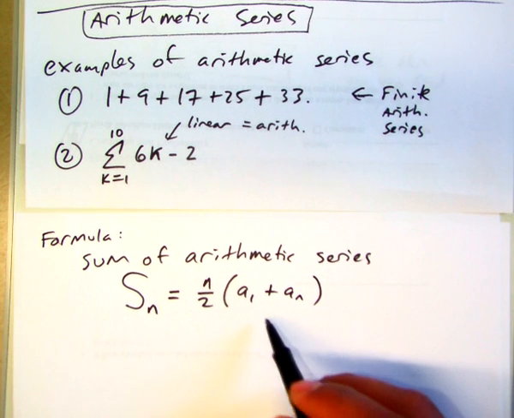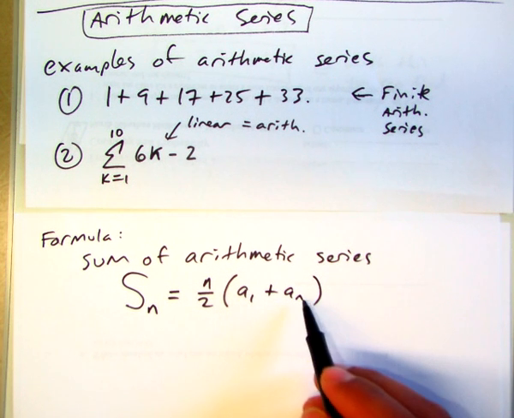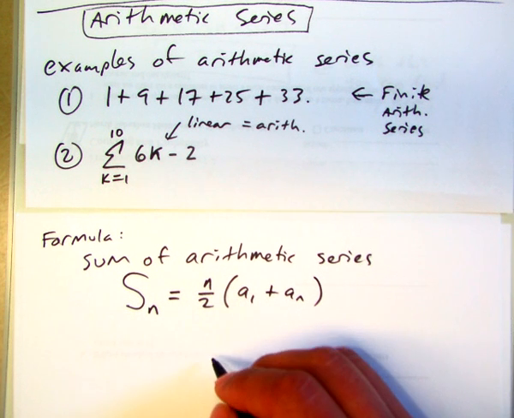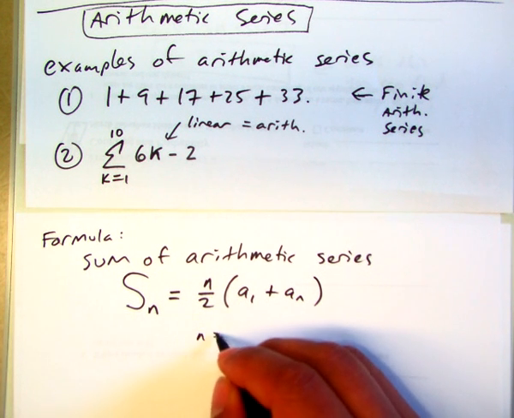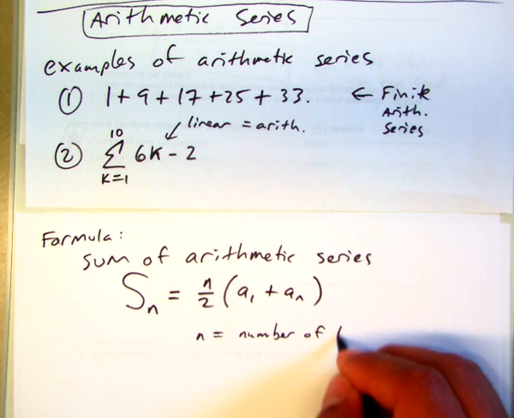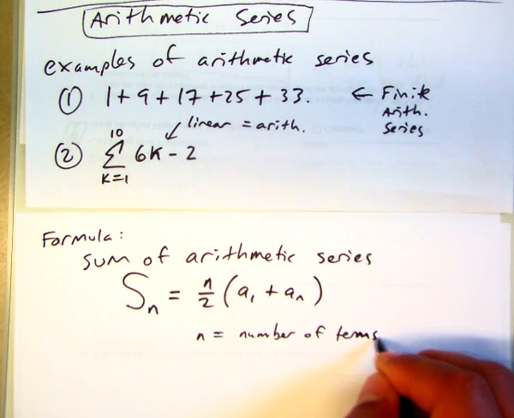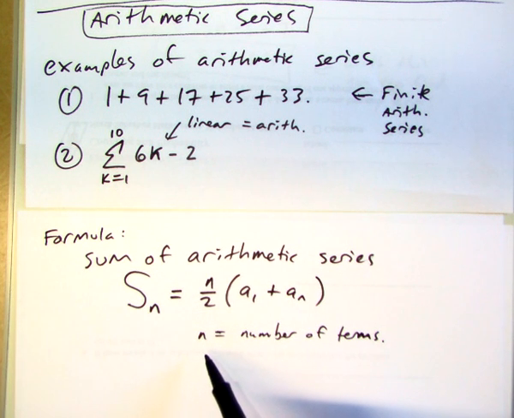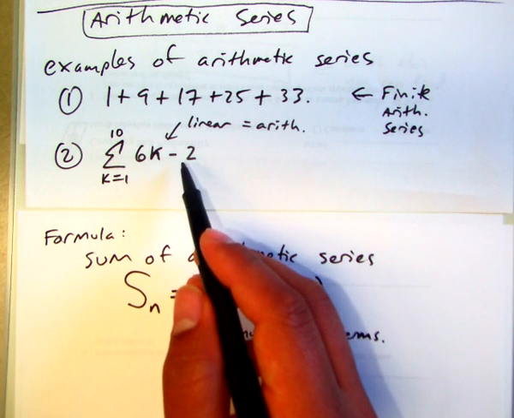So it's actually the average of the first and last term multiplied by the number of terms. N equals the number of terms. Okay, so we'll do both of these examples with this formula, and if you want to check these by hand, you can go ahead and do that.